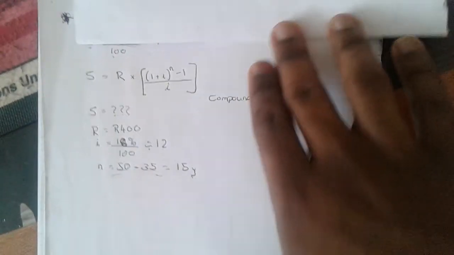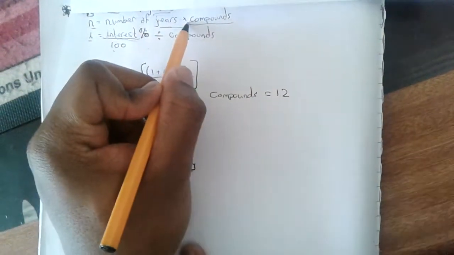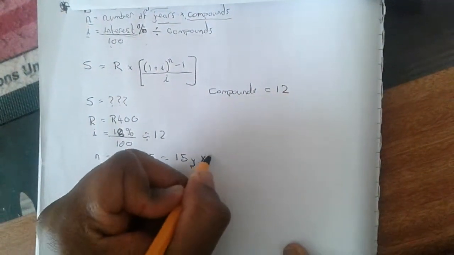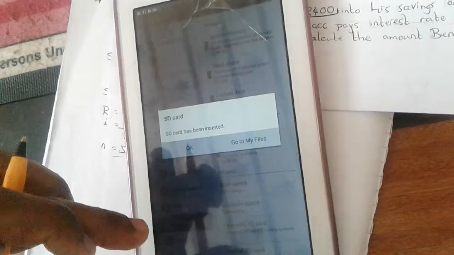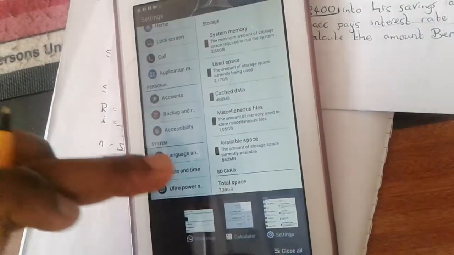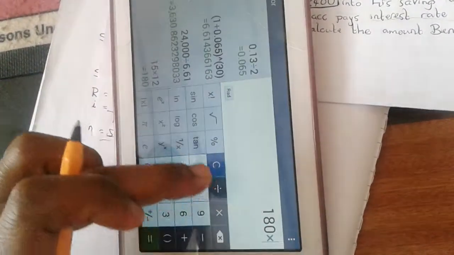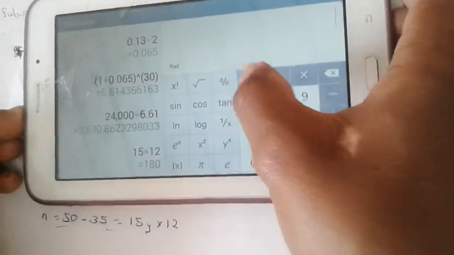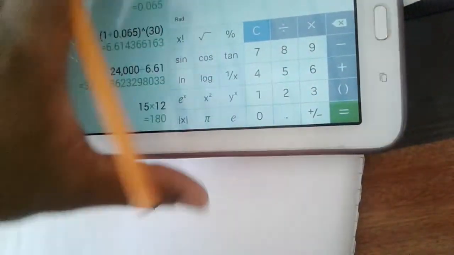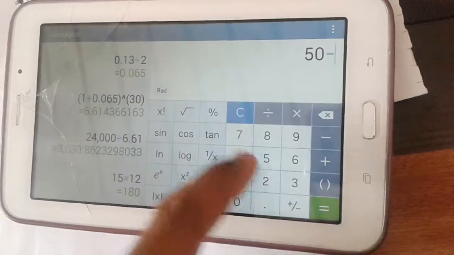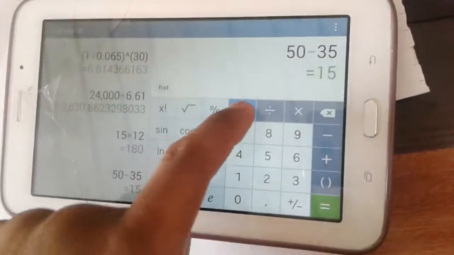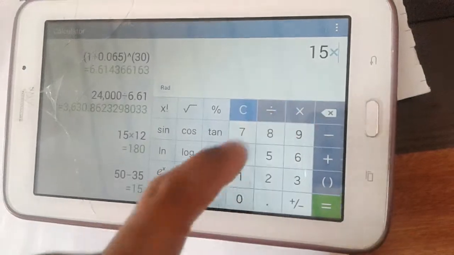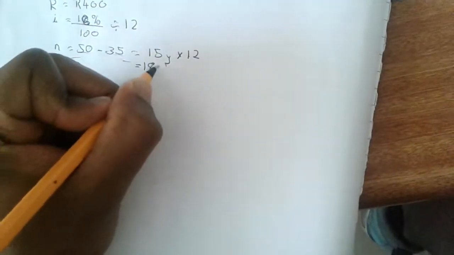Now this is the number of years multiplied by the number of compounds, which will be 12. So it's 50 minus 35, 15, and then 15 times the number of compounds, which is 12, which gives us 180.